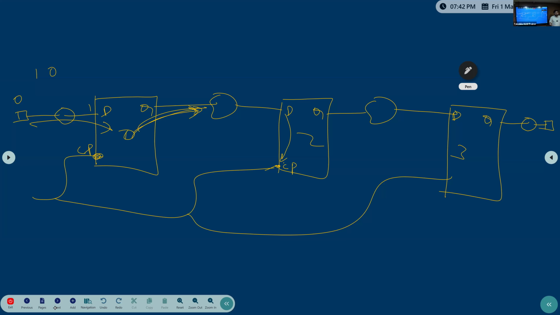T1 means transmission gate 1 on time, plus inverter 1 on time, plus inverter 2 on time. That is called the setup time, whatever minimum time you are saying. Clear? Then what is the hold time definition?